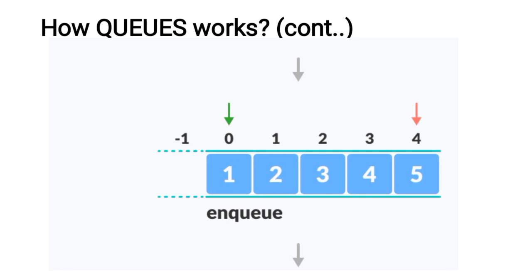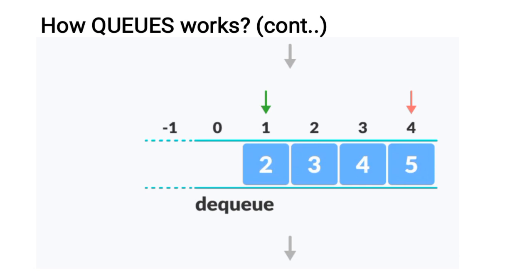But let's go to when we want to dequeue, when we want to remove elements from the queue. When we want to remove elements from the queue, we must first remove the first element that we firstly added. Are we together? So that is what we have to do. Let's move on.